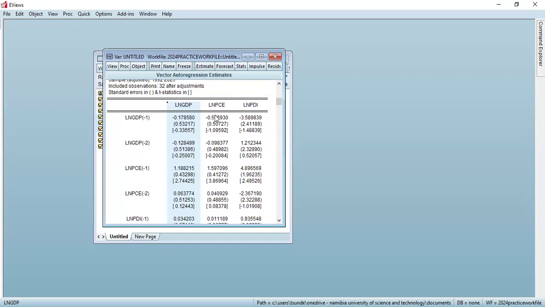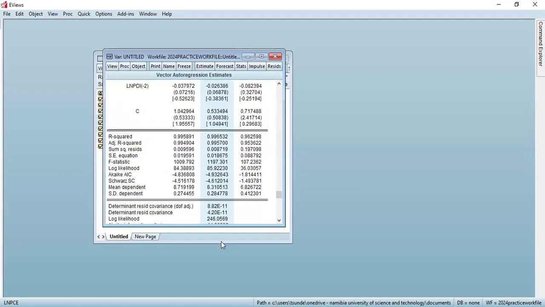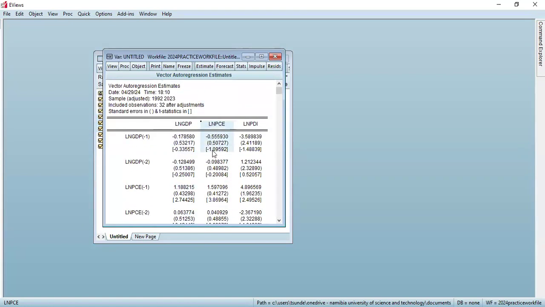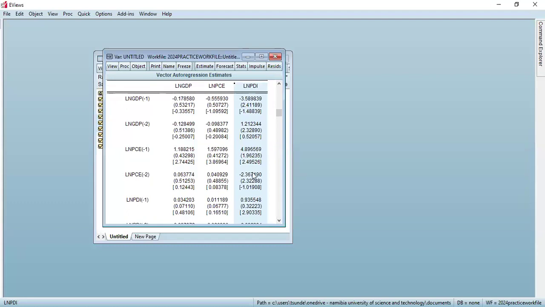Then if you go to the PCE equation, which is this one, it's also explained by the same variables: the first lag of GDP, second lag, PCE, and this second lag, PDI, and this second lag. Same applies with PDI. It's also explained by the same variables.